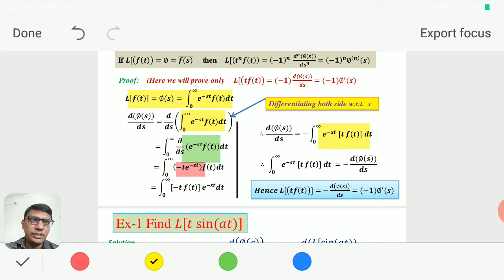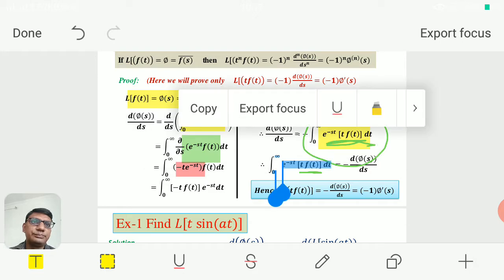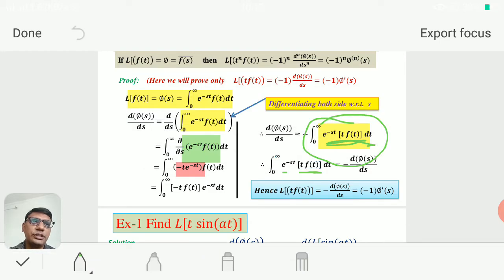Now we can recognize that this is a Laplace of something. This part is a Laplace of some function. Here the function is t f(t) and it is multiplied with e raised to minus st. Then take the integration from 0 to infinity. So it is actually the definition of the Laplace transformation, but the function is not f(t), now the function is t f(t). So this portion is now Laplace of t f(t), and the right hand side will be minus 1 time derivative of phi of s with respect to s.